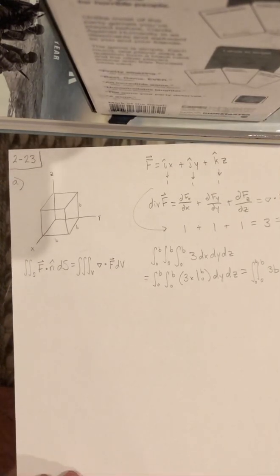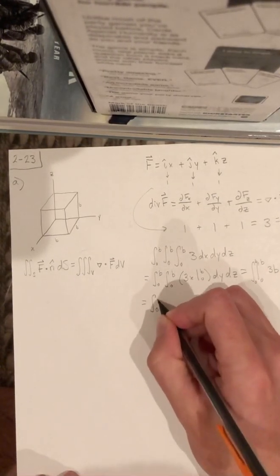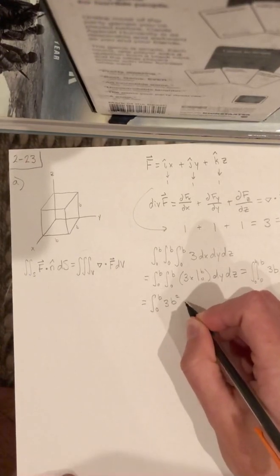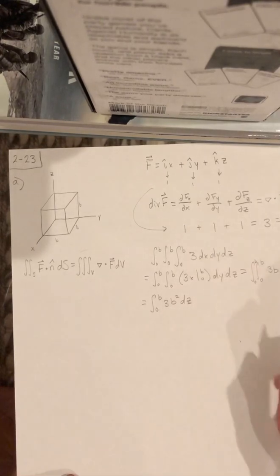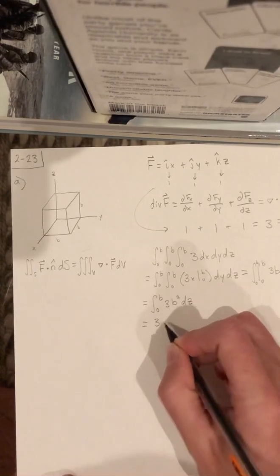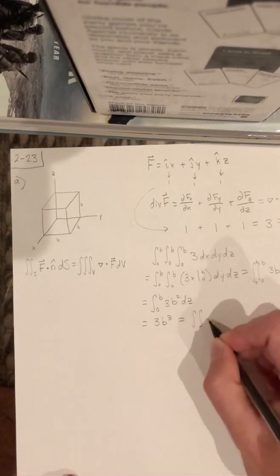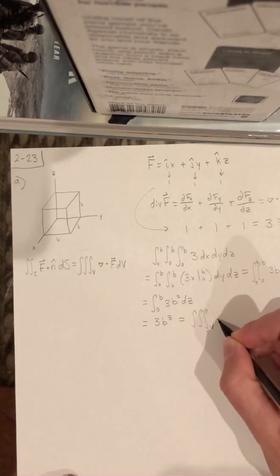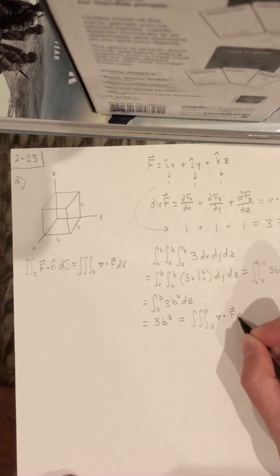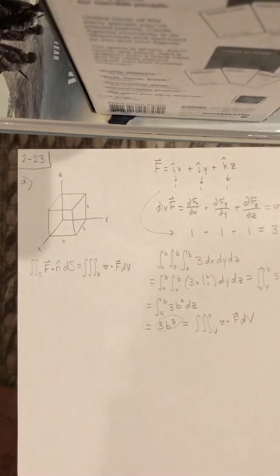We're just going to do the same thing 2 more times, so I'll save the extra step and go 0 to b of 3b squared dz, and then this is going to turn into 3b cubed, and this is going to be our triple integral for volume of del dot f dV. So we'll make a note of that.